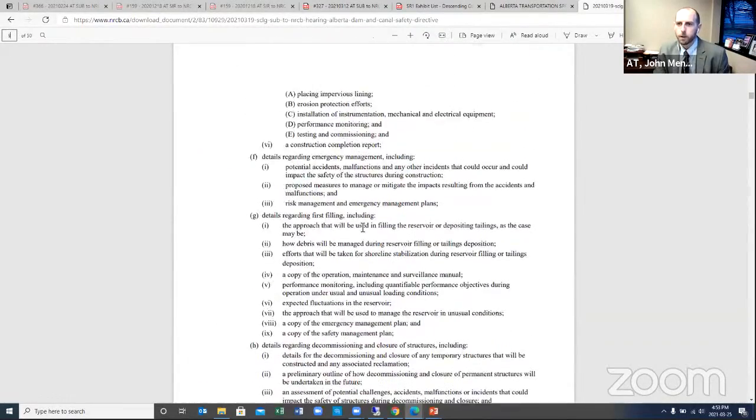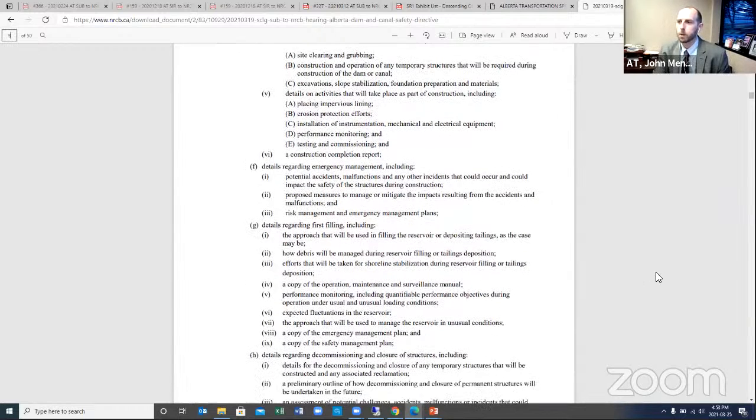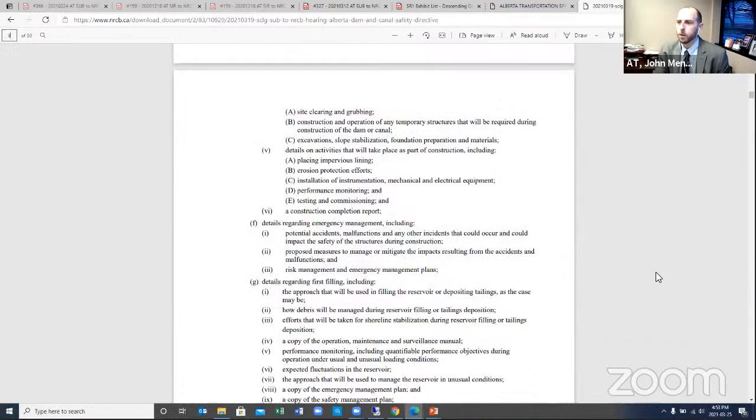it also requires a construction completion report. We can't complete construction without authorization, and so you can't submit the full requirements. That's just one example. There are multiple expectations from the reviewers that you first submit your hazard classification and your preliminary design information.